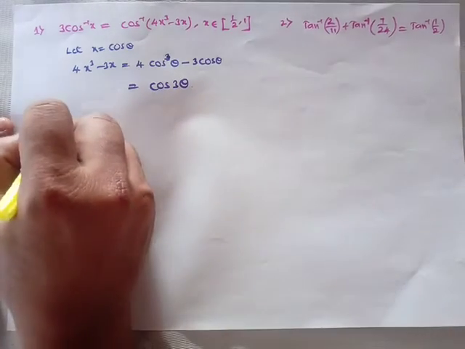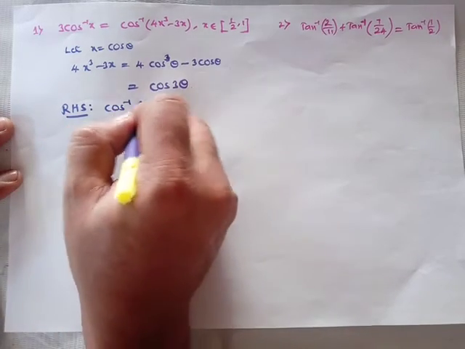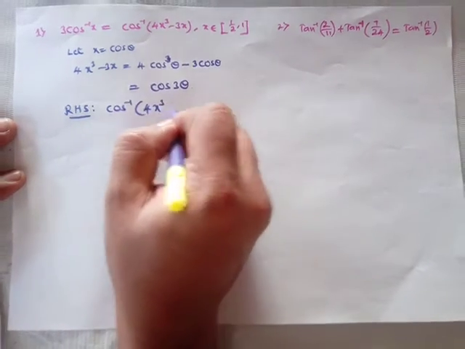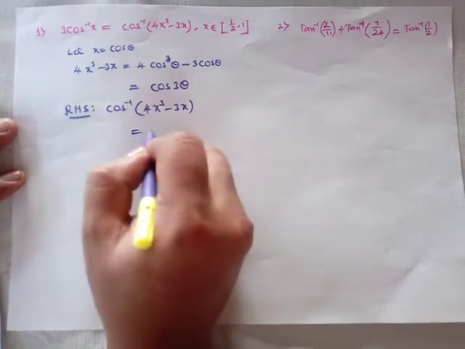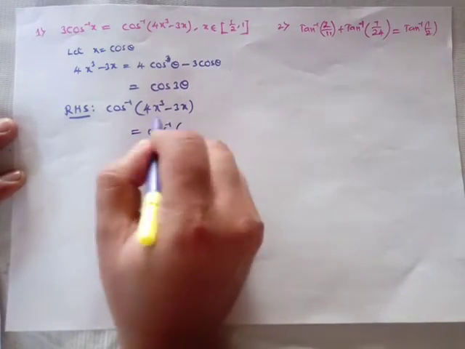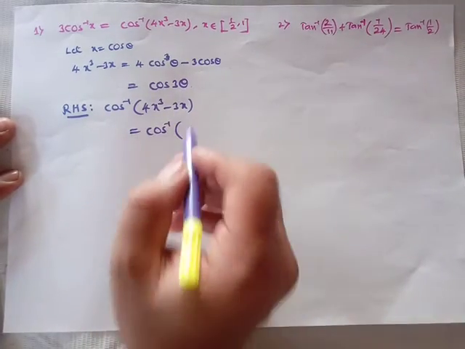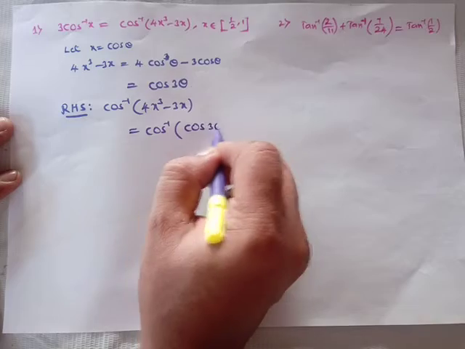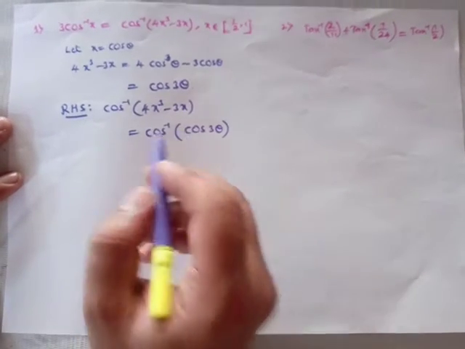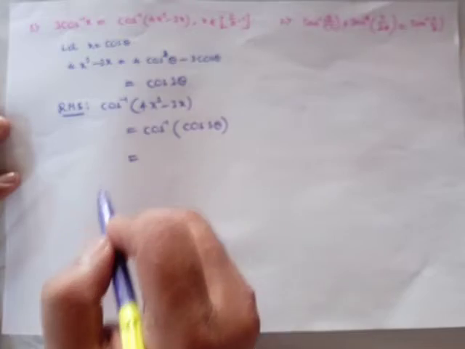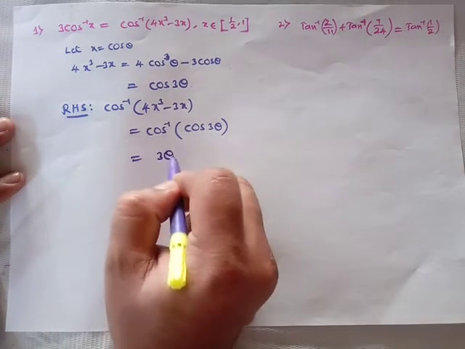Now on the RHS, cos inverse of 4x cube minus 3x is equal to cos inverse of cos 3 theta. Cos inverse and cos will cancel, so both are getting cancelled. It will give you 3 theta.